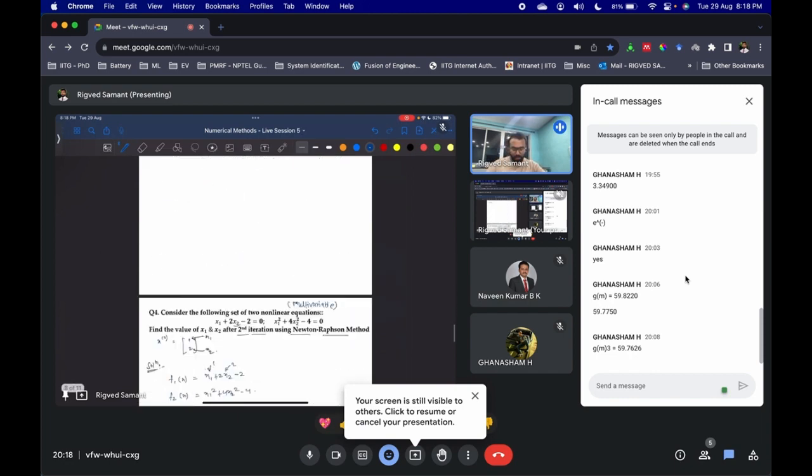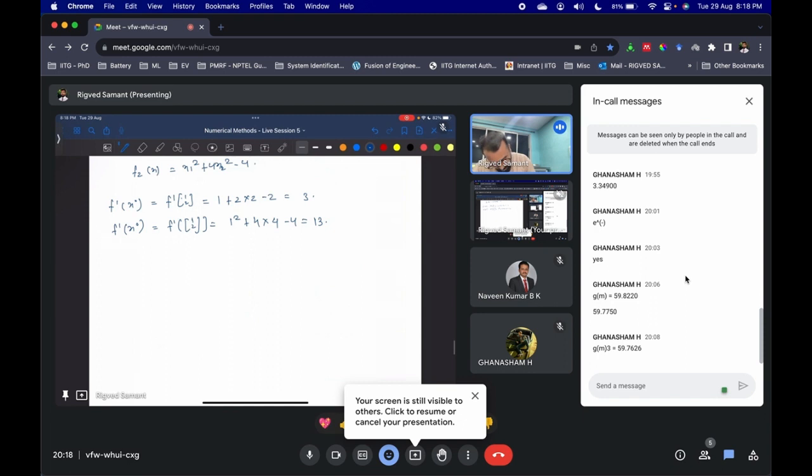So rather than calculating a derivative, what we do is calculate a Jacobian, J. The Jacobian would be dou f1 divided by dou x1, dou f1 divided by dou x2, dou f2 divided by dou x1, dou f2 divided by dou x2.